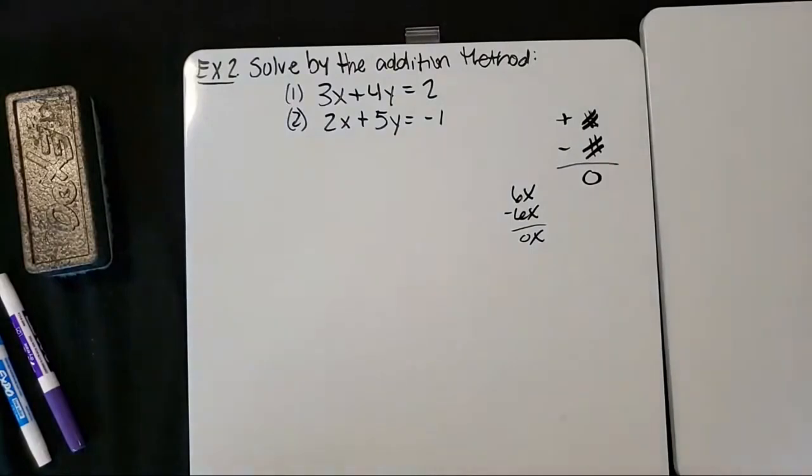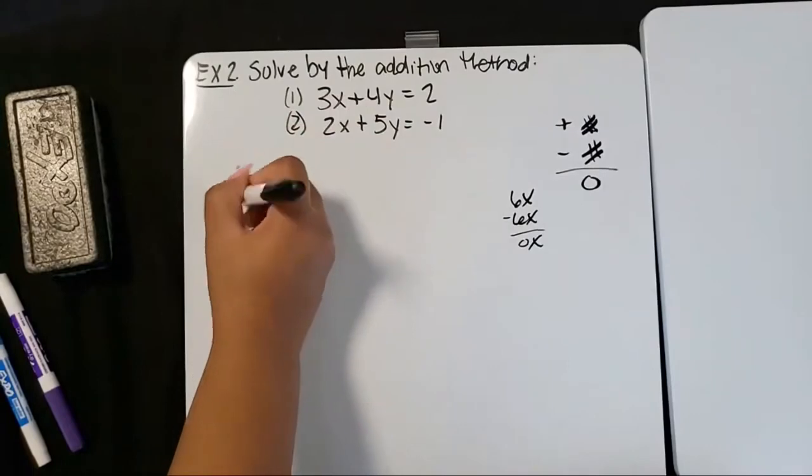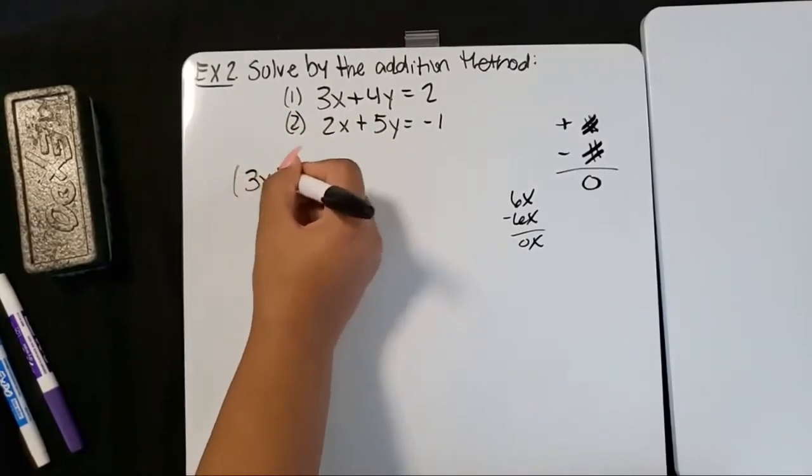Now, once again, this is completely up to you. You can decide whether you eliminate the x or whether you eliminate the y. But in some cases, one or the other may be easier. So you guys are going to get to see the ones that I would pick. I'm going to take my first equation and I'll rewrite this.